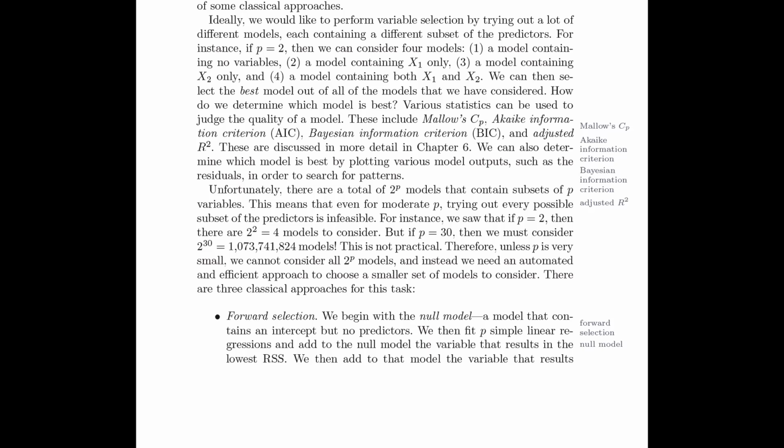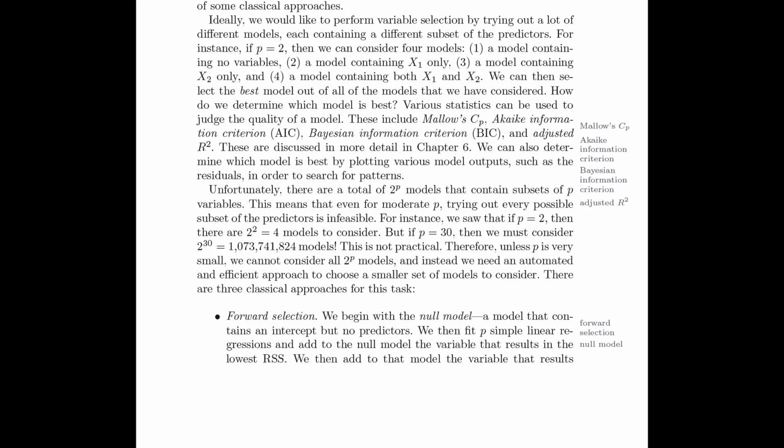Getting to p equals 30, we must then consider these more than 1 billion models. Clearly, this is not practical. Therefore, unless p is very small, we cannot consider all 2 to the power of p models, and instead we need an automated and efficient approach to choose a smaller set of models to consider.